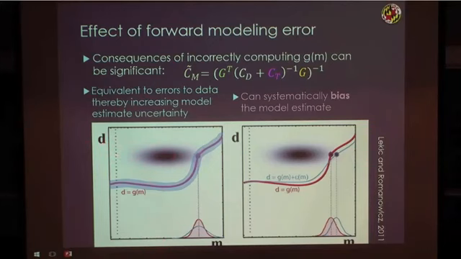If you have uncertainty on the predicted data, it just ends up blurring this line between the data and the model. What it'll do is, when you compute your uncertainty in the model space, instead of having this nice red distribution here, you get this blue one, which you see is wider. The reason it's wider is because now you're convolving the width of this line with the width of this distribution.